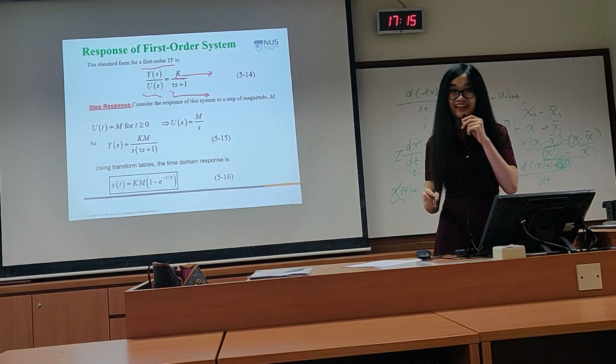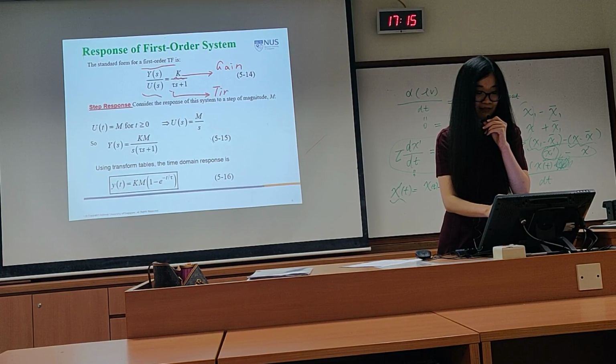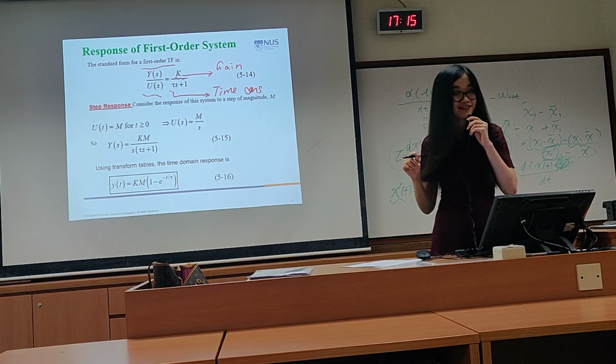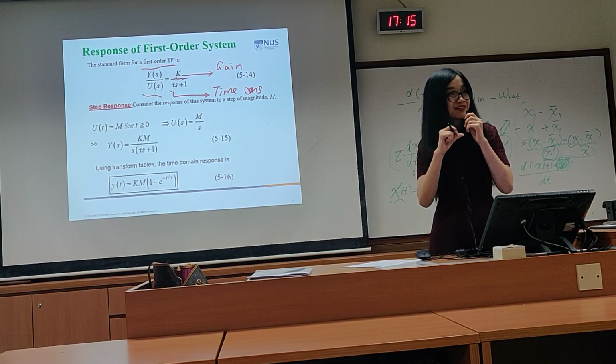So K is defined as the steady state gain, and the tau is called the time constant. So why do we call it a time constant? I want to show you it really has a physical meaning to be the time constant here.